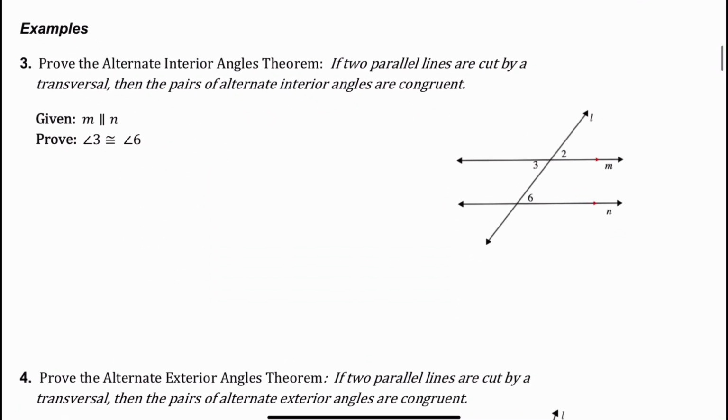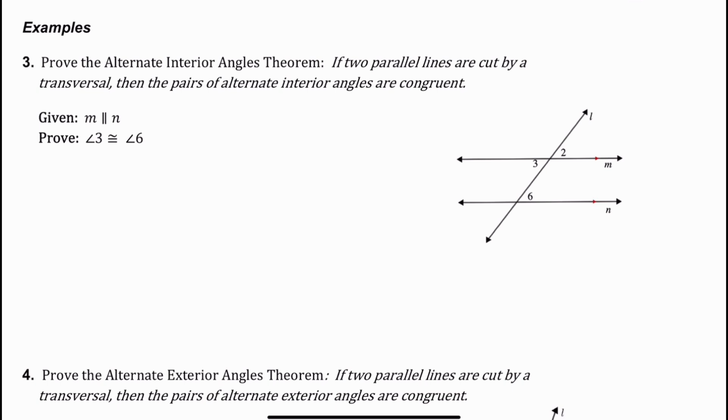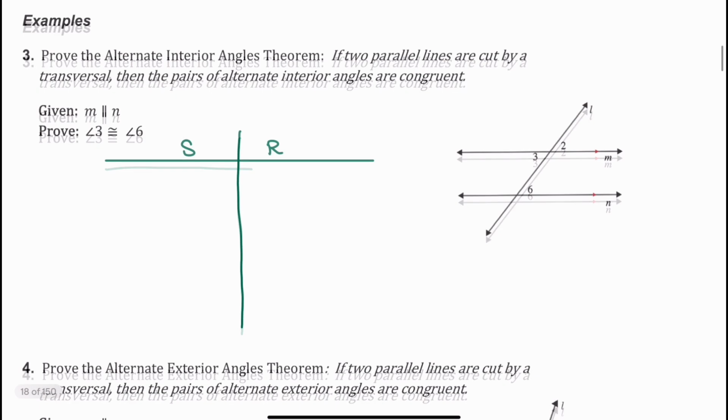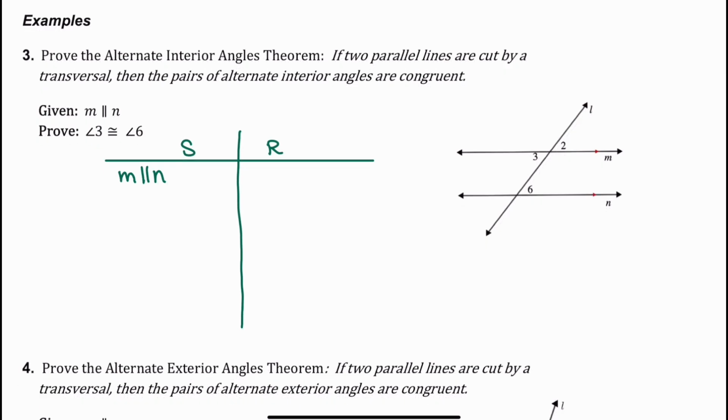So let's do some proving of why this is true. Alternate interior angles theorem: if two parallel lines are cut by a transversal, then the pairs of alternate interior angles are congruent. So our given is we have two parallel lines cut by a transversal, M is parallel to N. And if M is parallel to N, angle 2 has to be congruent to angle 6 by the corresponding angles postulate.